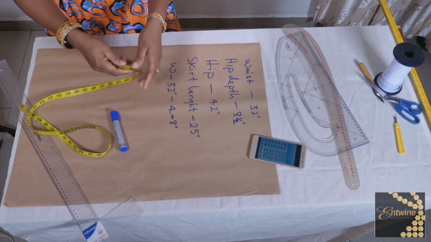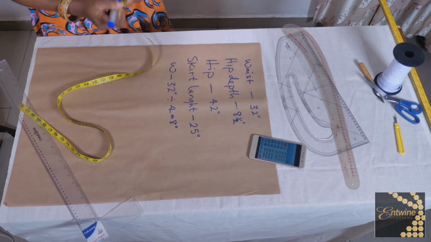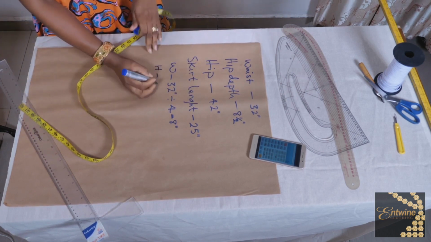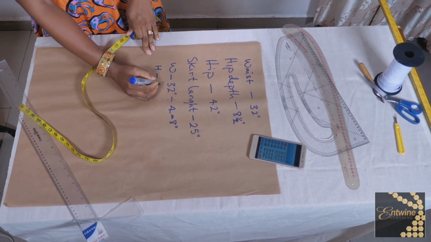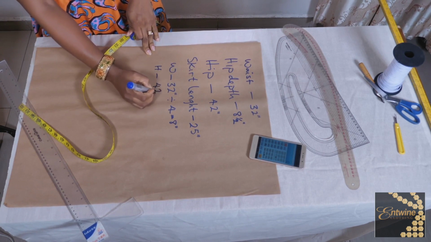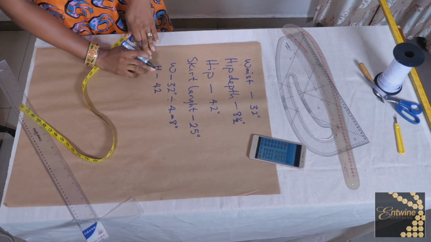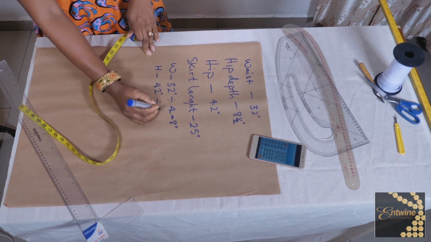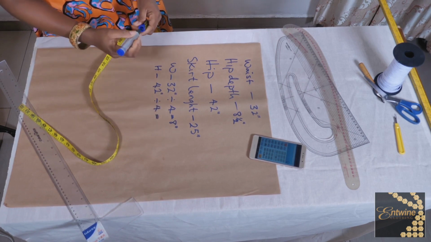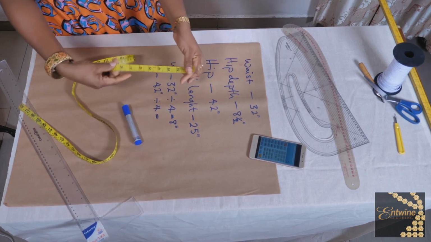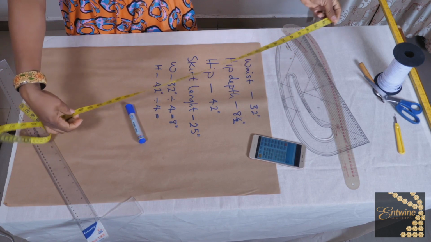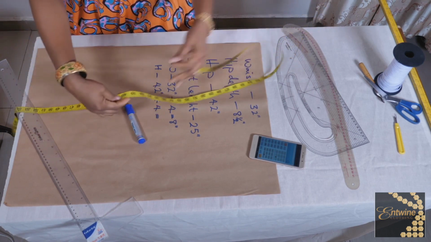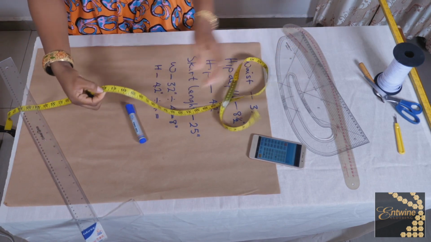So dividing the hip, we're going to do H equals 42, H, that's hip, 42 inches, divided by 4. So same thing we did with the waist, 42. Here's my 42 mark on the tape.